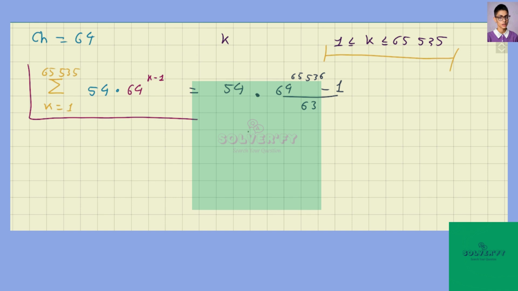But in case that you want an approximation, because this is the analytic solution, the approximation for this summation is around 5.5 times 10 to the power of 118,364. So you can see that it is a monstrous number.